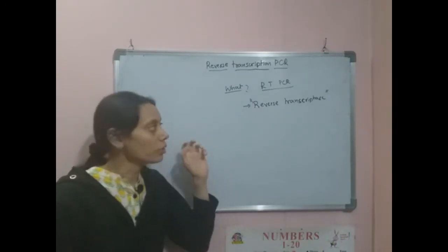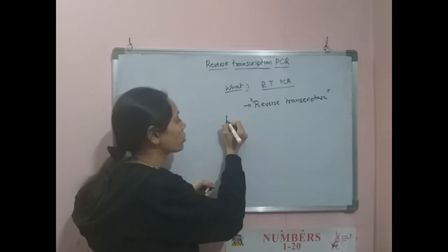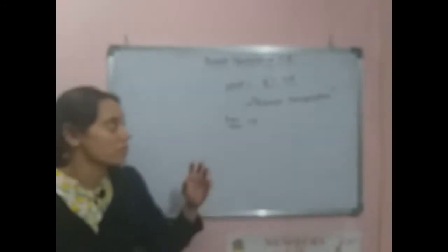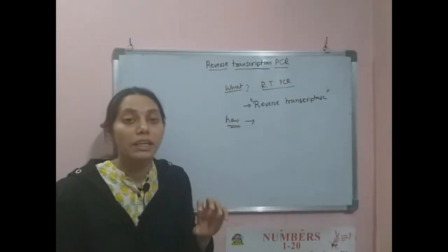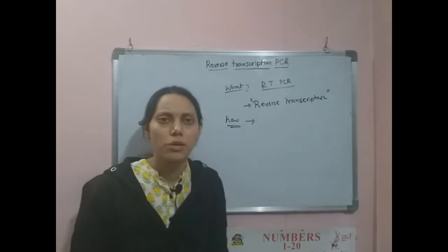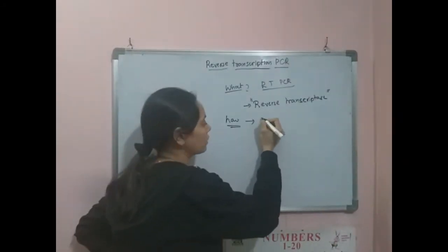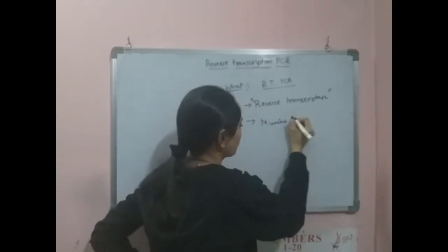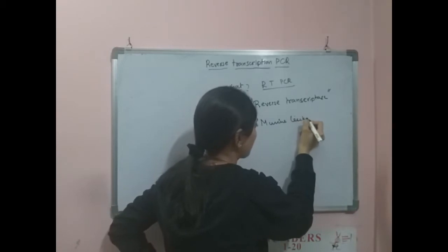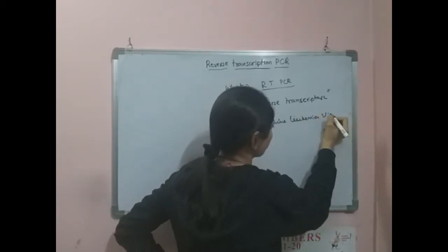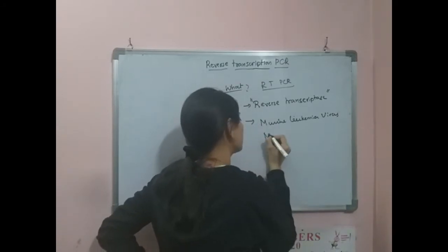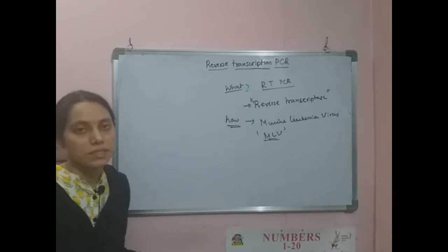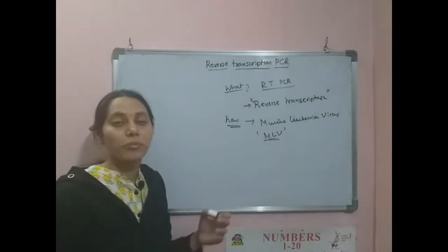Coming to the process, how it works. The reverse transcriptase enzyme is isolated and commercially developed. There are many types of reverse transcriptases. Mostly reverse transcriptases are isolated from murine leukemia virus, MLV, and these enzymes are developed in many ways.